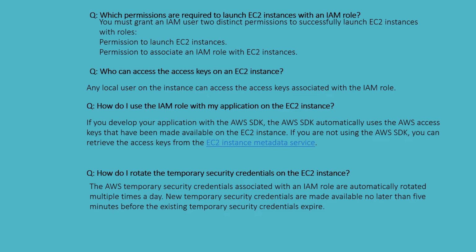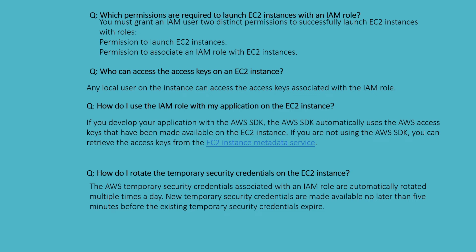Who can access the key on an EC2 instance? Any local user on the instance can access the access key associated with the IAM role. How do I use an IAM role with my application on EC2 instances?